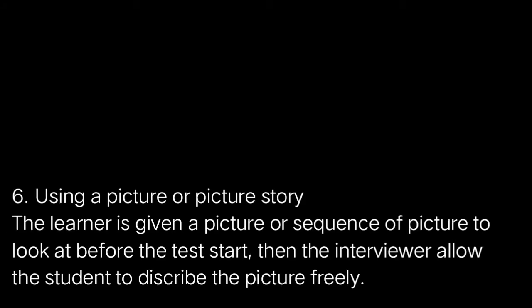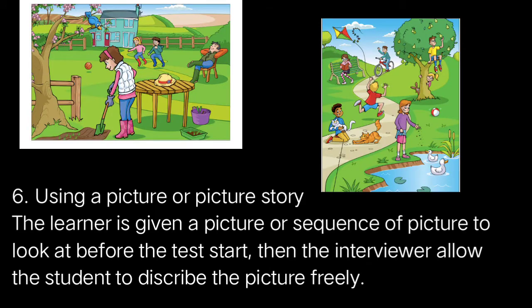5. Reading blank dialogue. The learner is given a dialogue with only one part written in it, and fills the blank dialogue with their ability to speak. 6. Using a picture or picture story. The learner is given a picture or sequence of pictures to look at before the test starts.